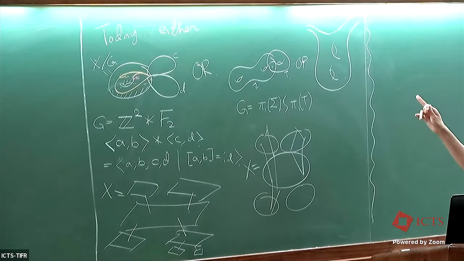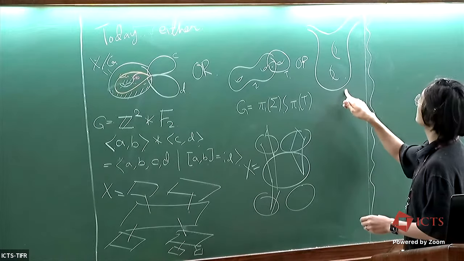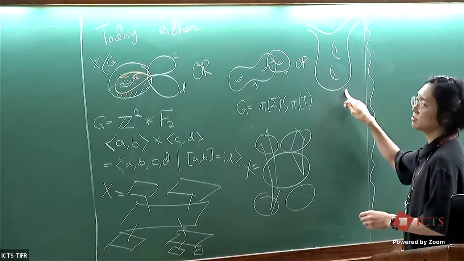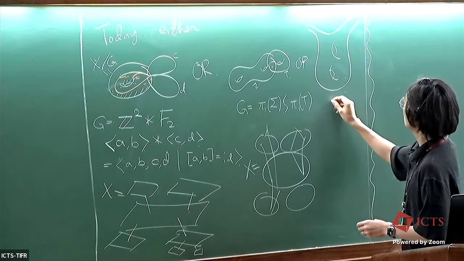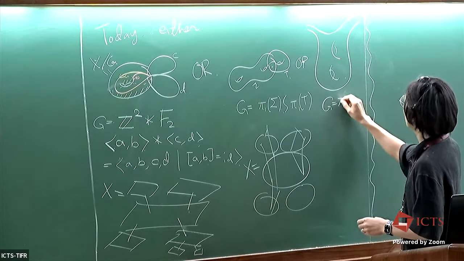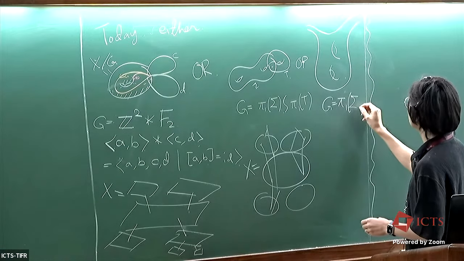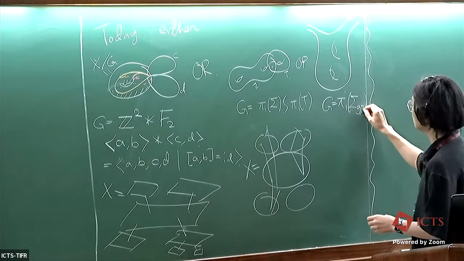The final example is something different. This is a quotient of a delta hyperbolic space. This is just a punctured surface. So G is pi1 of sigma, but with two punctures.